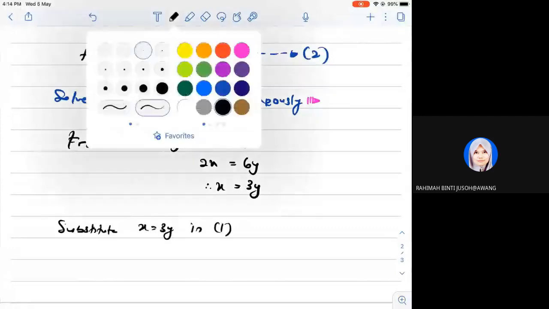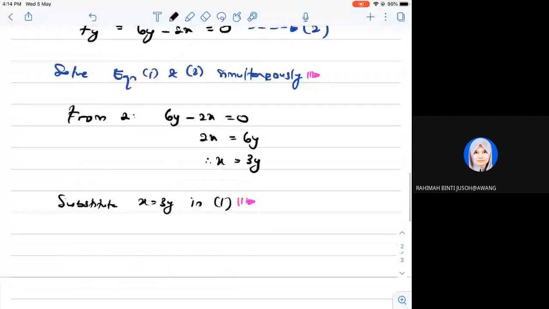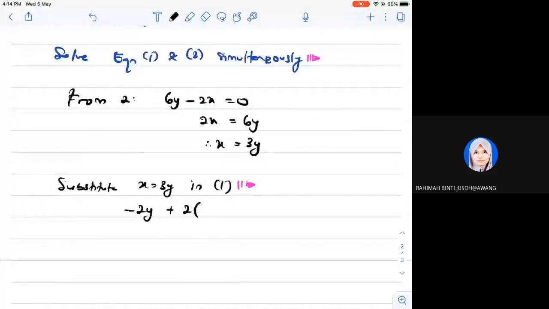So we have negative 2y plus 2x, where x equals 3y, and then minus 8 equals 0. So we will have negative 2y plus 6y equals 8.